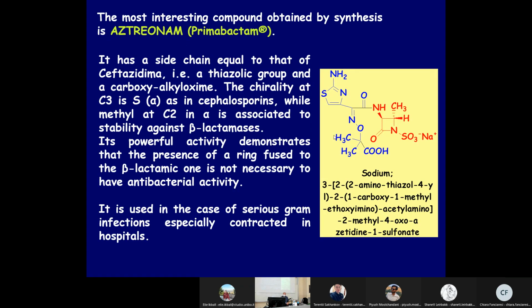And here you can see the most important prototype of this class is called aztreonam. Aztreonam is the most potent beta-lactam used against infection. It is used only in hospital to avoid the formation of resistant strains.